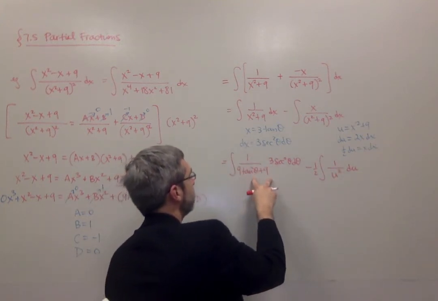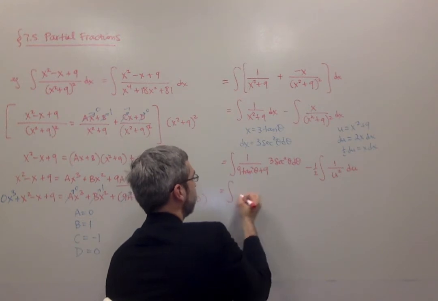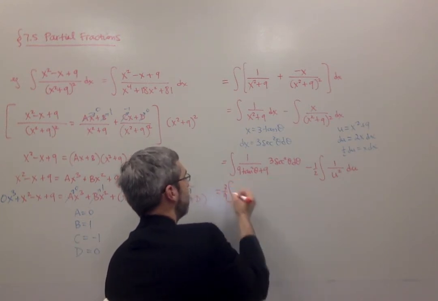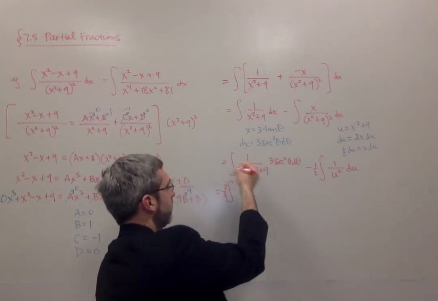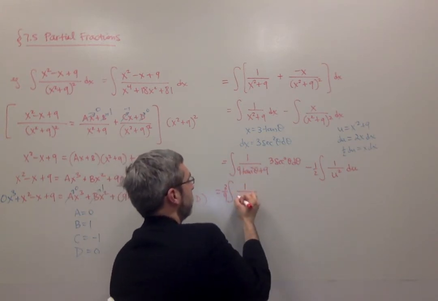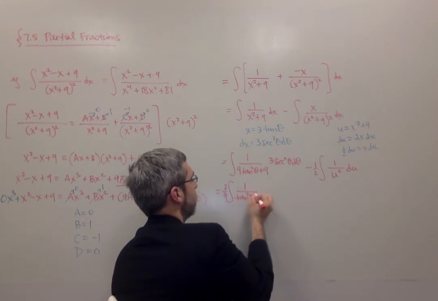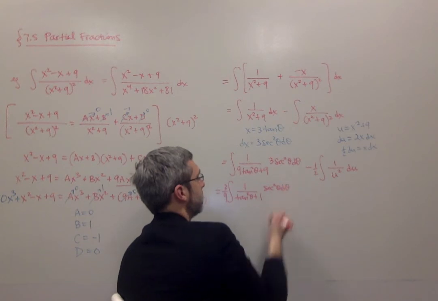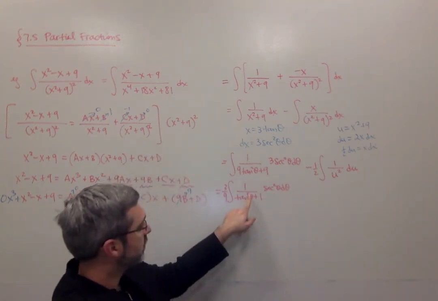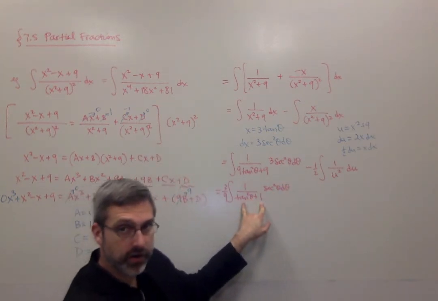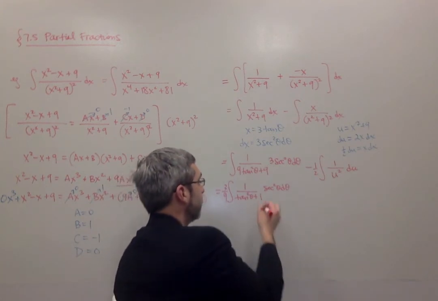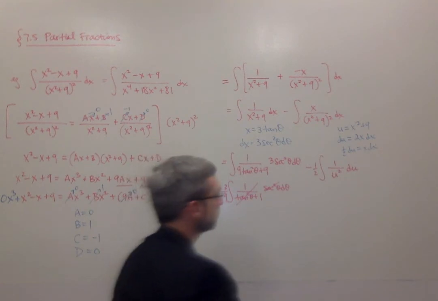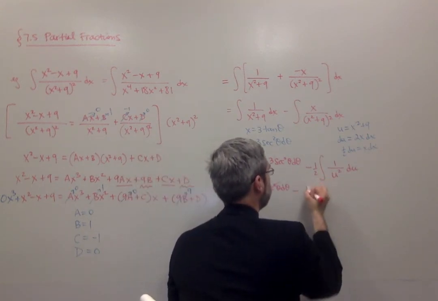So now on this first one, let's factor out the 3 and the 9. So we'll pull out the 3 and the 9. And on the bottom, I've got tangent squared plus 1. And on the top, I've got secant squared. Well, tangent squared plus 1 is secant squared. And so that secant squared cancels this secant squared. We'll come back to that in a second.